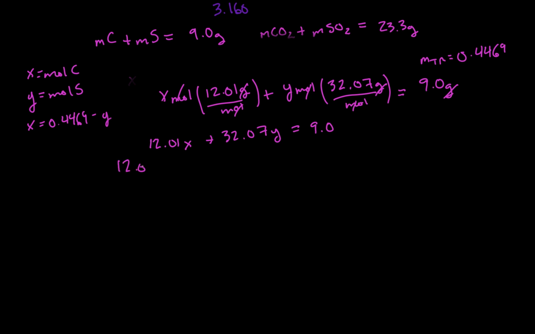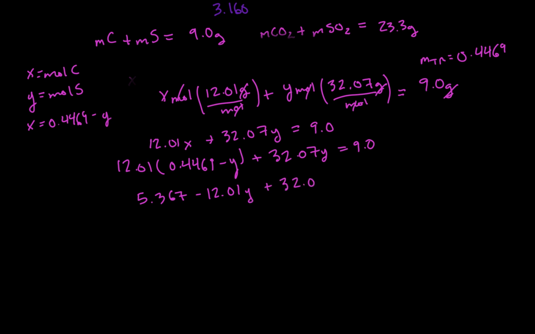Okay, so let's substitute for x here. So 12.01 times (0.4469 minus y) plus 32.07y equals 9. All right, expand this out. 5.367 minus 12.01y plus 32.07y equals 9.